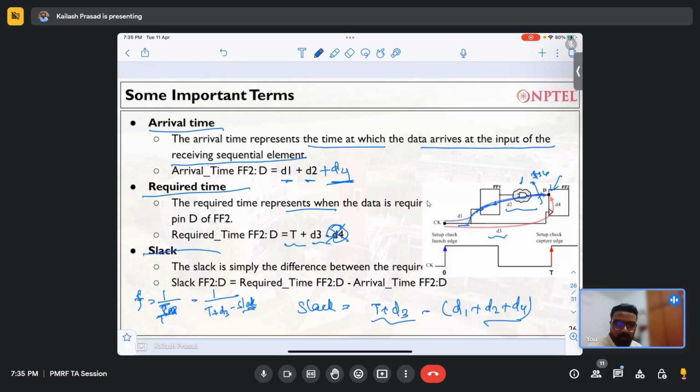If slack is positive, the frequency can be increased by that much. If slack is negative, the frequency will be reduced by that much. Is that clear? Yes, yes. Okay.